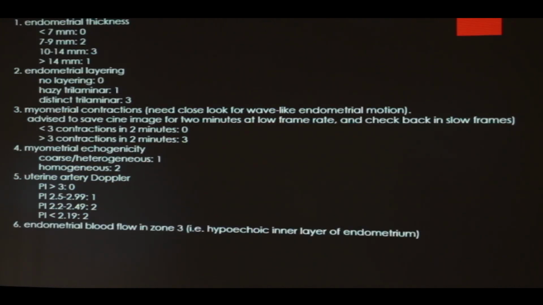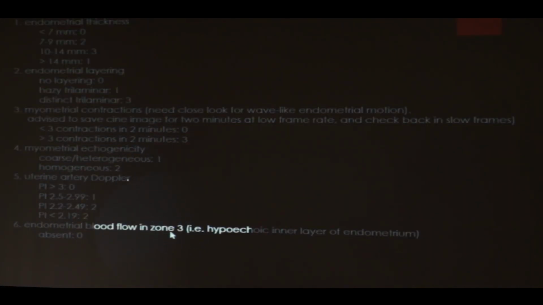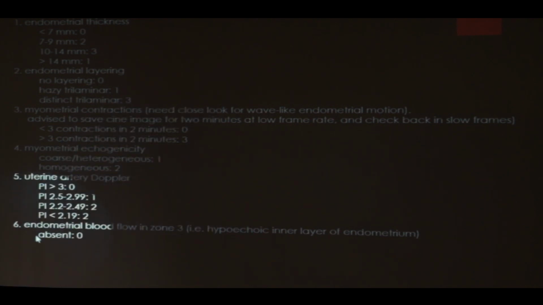So lastly and most importantly, I should see for this endometrial flow where the vessels are. This is very important. If the vessels are not in zone 3, now you know what is zone 3, if absent, not there, 0.